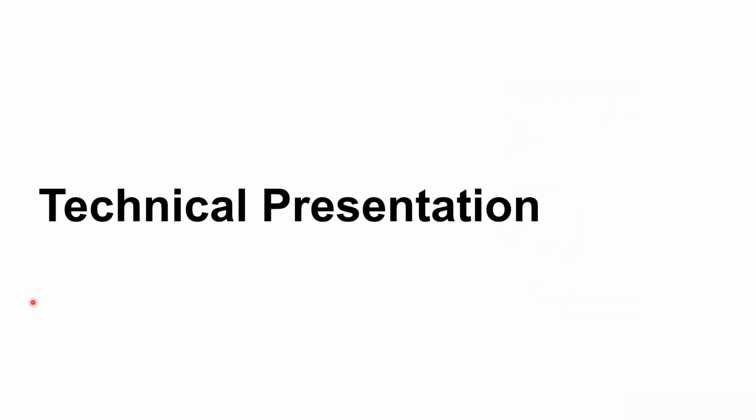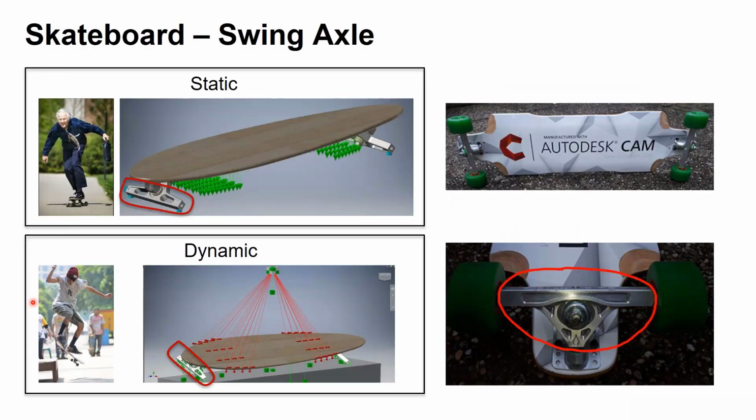So I think it's time to do a technical presentation of HSM, and I will use a product from a skateboard. I think this is an interesting part. It's a swing axle, and the good thing with the swing axle is if we think we should design a swing axle, we can also use Nastran In-CAD to do the calculation, the simulation of the part.